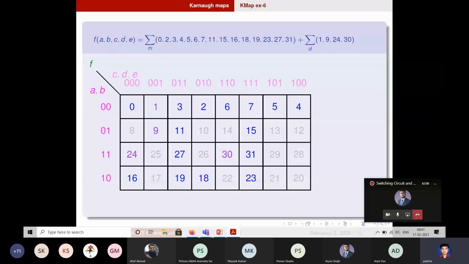What are the 4-sided cubes here? Note that I want the minimum number of cubes. An 8-sided cube consists of two 4-sided cubes, but I'm not interested in smaller cubes, only larger ones. If something is not covered by a larger cube, then I'll form smaller cubes. 0, 2, 16, 18 is a 4-sided cube.